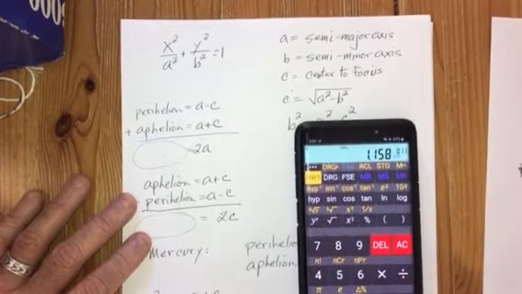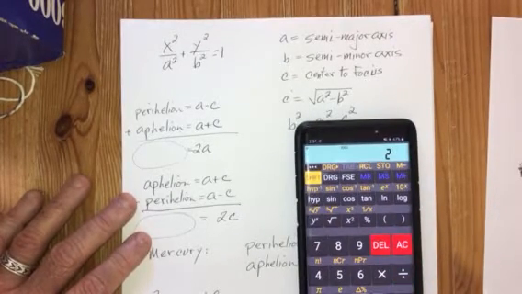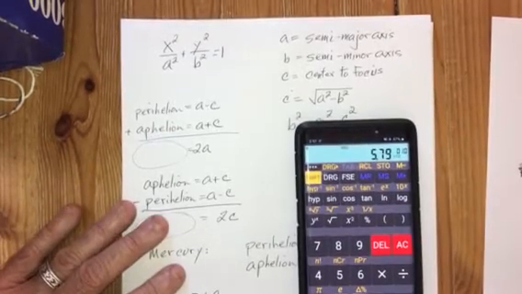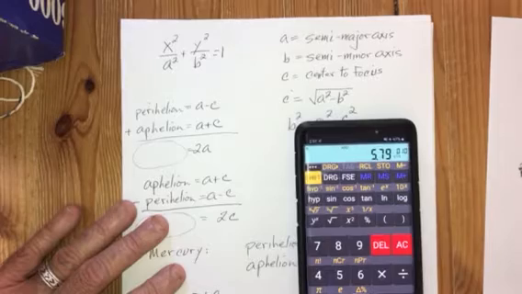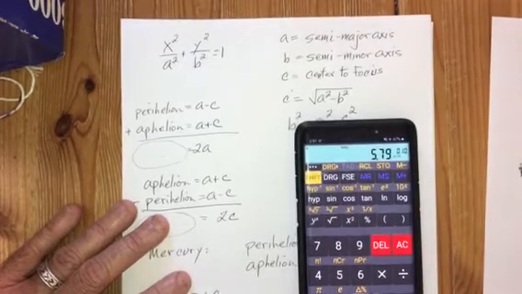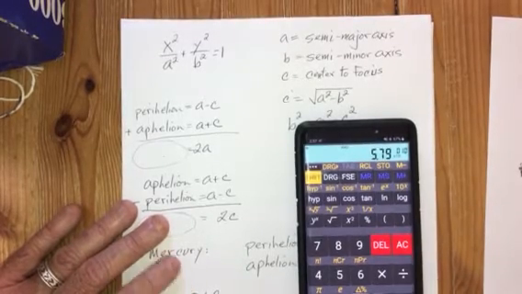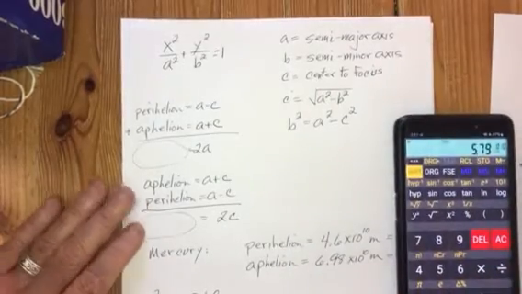And then we're going to divide by 2, and that means that the semi-major axis will be 5.79 times 10 to the 10th meters. Okay, so that's one answer.